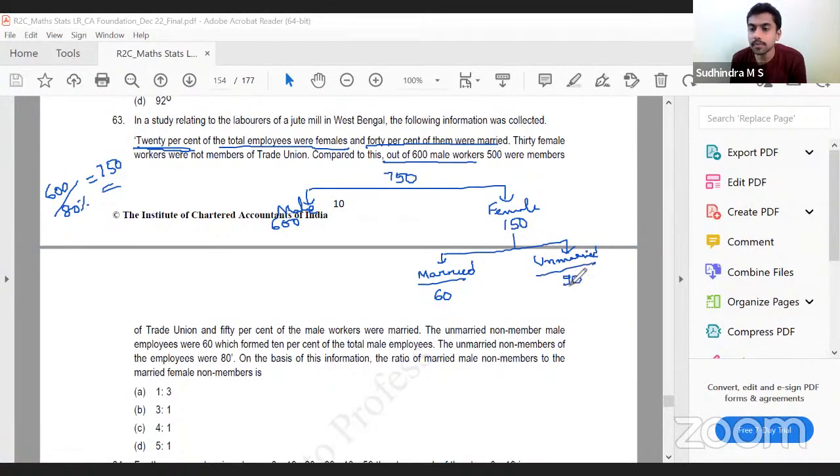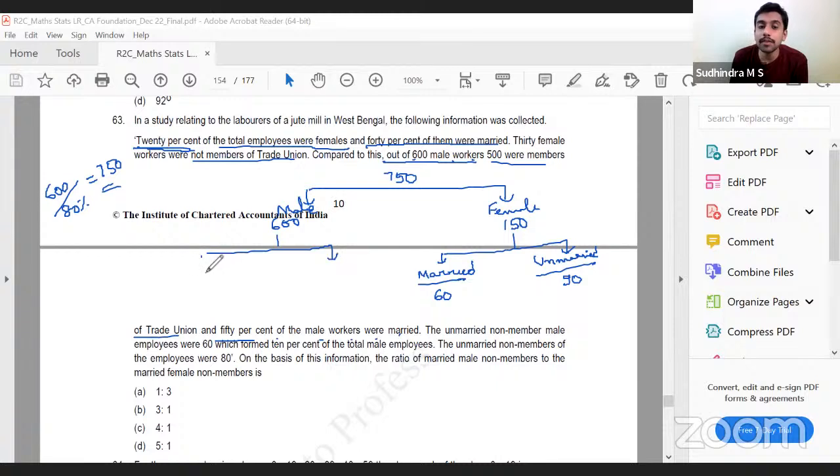So unmarried is 90. Right? Then 30 female workers were not members of the trade union. We do not have the breakup of married and unmarried. So I'll come to that particular data little later. Compared to this, out of 600 male workers, 500 were members of the trade union. 50% of the male workers were married.